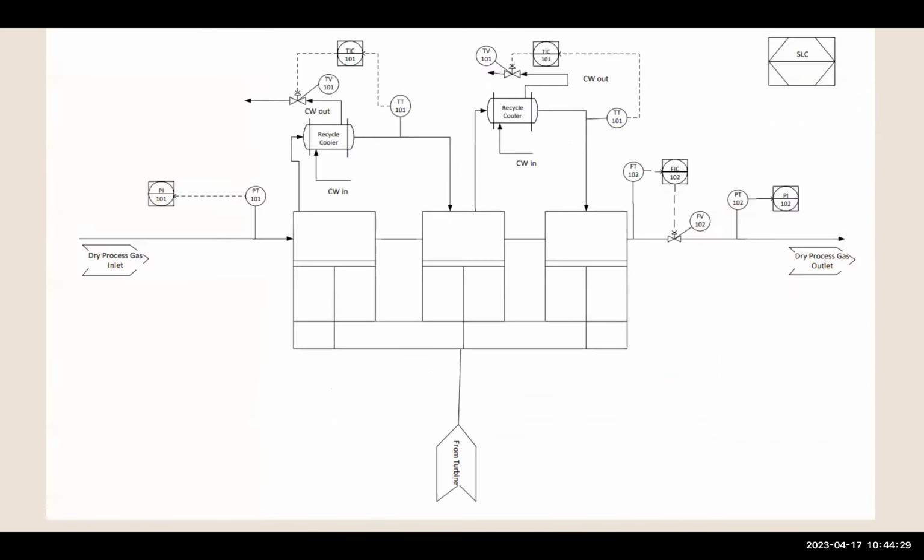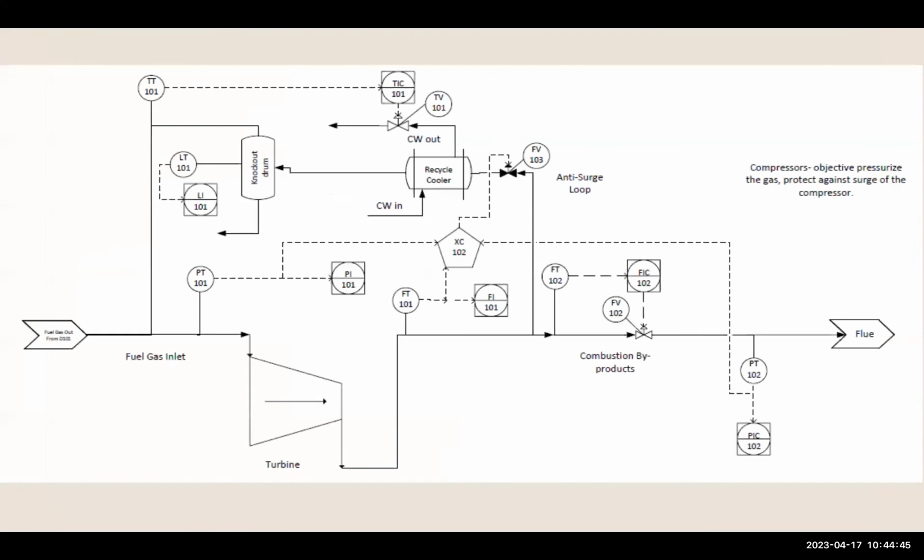And here is our 3-stage compressor. This takes the power from the combustion gas turbine, as well as the natural gas, to then pressurize it just to 12,000 PSI. And this includes also interstage cooling with recycled coolers. Here's the combustion gas turbine.